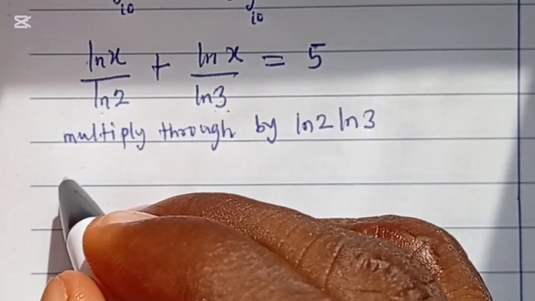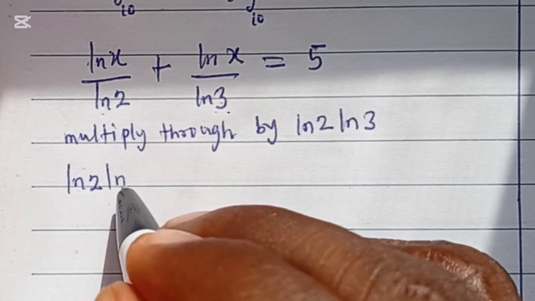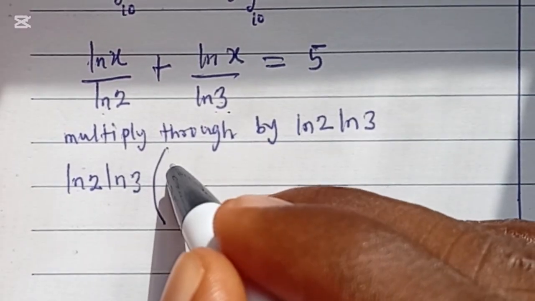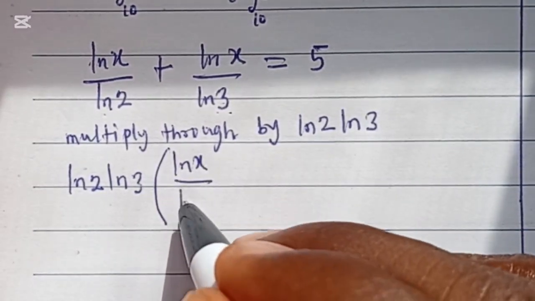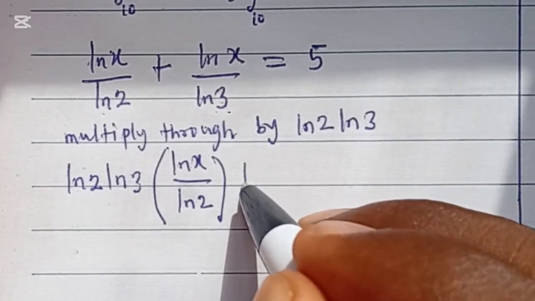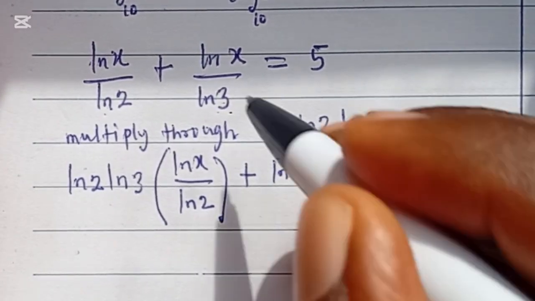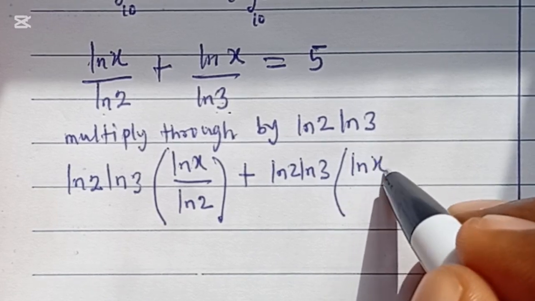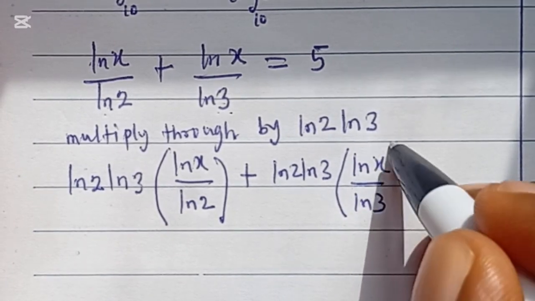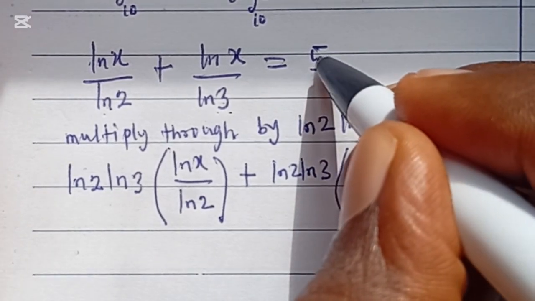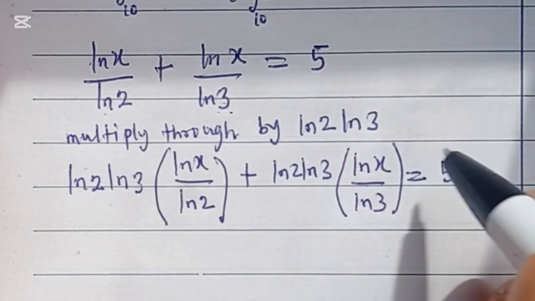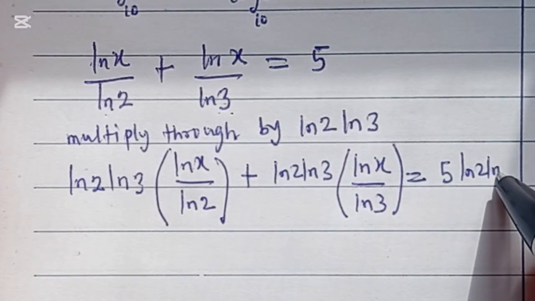The first term becomes ln 2 ln 3 multiplied by the fraction ln x over ln 2. All right, then plus ln 2 ln 3 multiplied by the second fraction, ln x over ln 3. Okay, and then we have the 5 there multiplied by ln 2 ln 3.